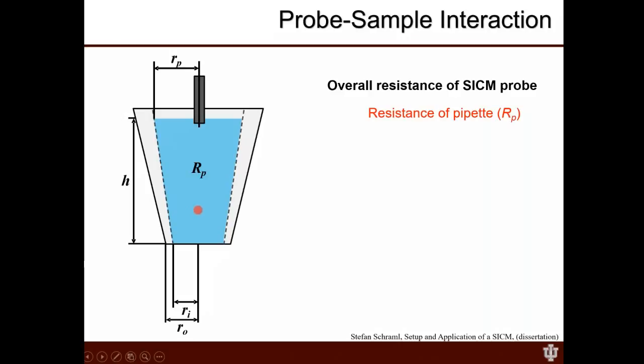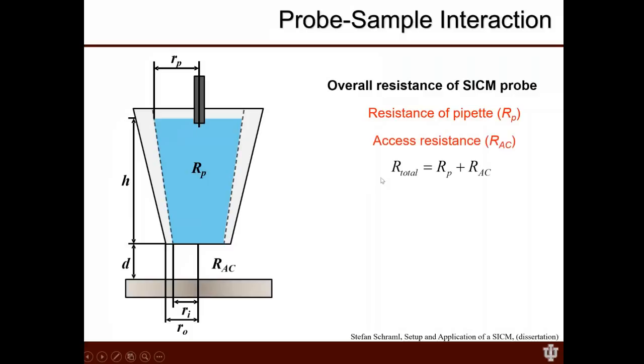The resistance of this pipette is a function strictly of the dimensions and the geometry of the pipette: how long this narrow shank region is, what the inside diameter of the pipette is, and what the pipette diameter is up here at the top. That governs the resistance to the flow of ions or the flow of fluid through this opening when we apply an electrical potential.